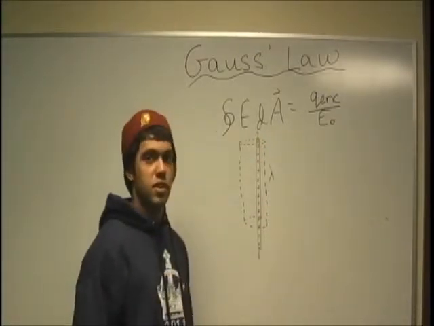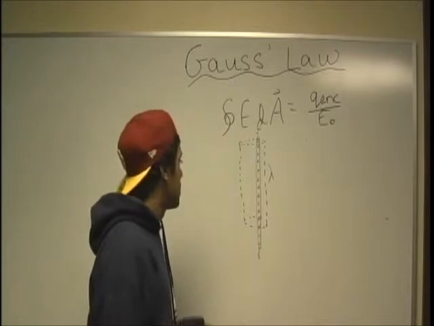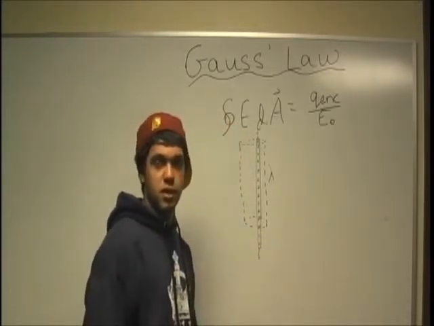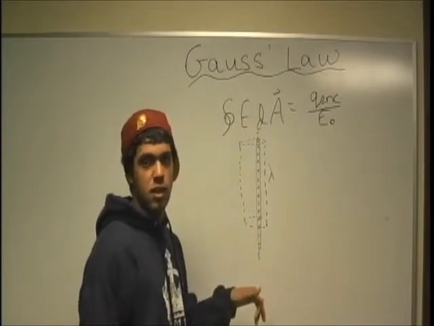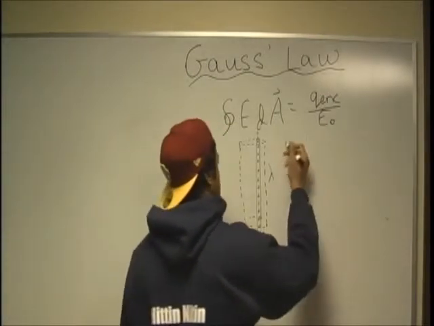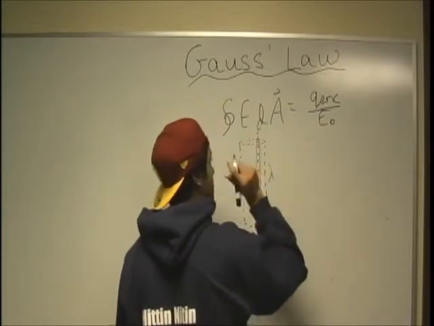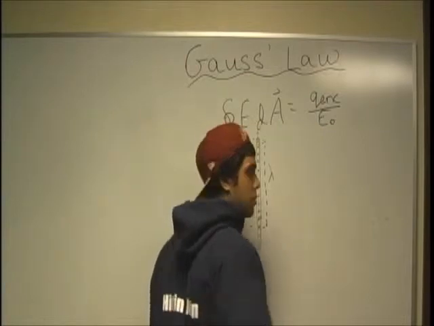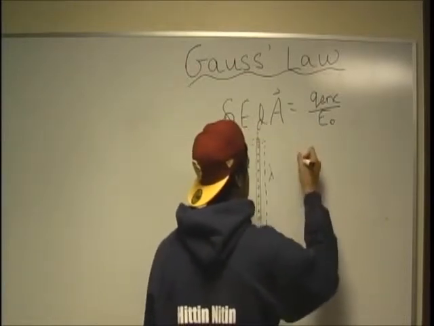Now that we have our cylinder, the top and the bottom parts of it do not contribute, because they are perpendicular to the line of charge. So, writing out our formula, again, the field is going to be the same at every point, so you can just multiply the field times the area.